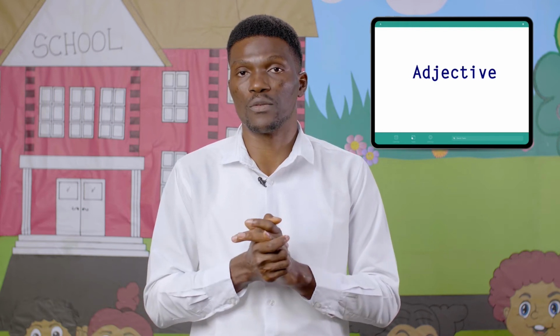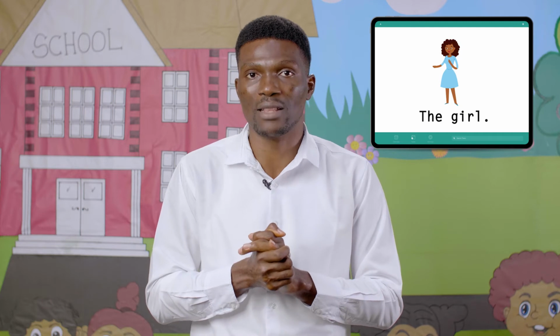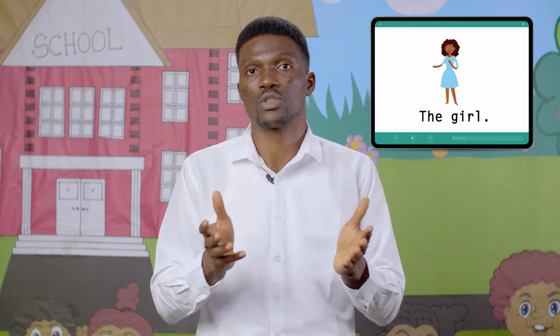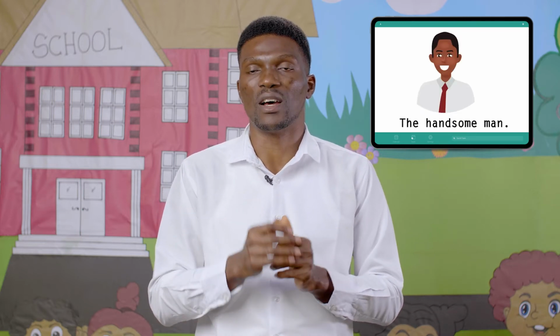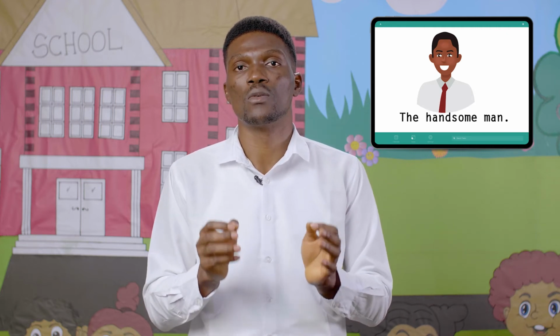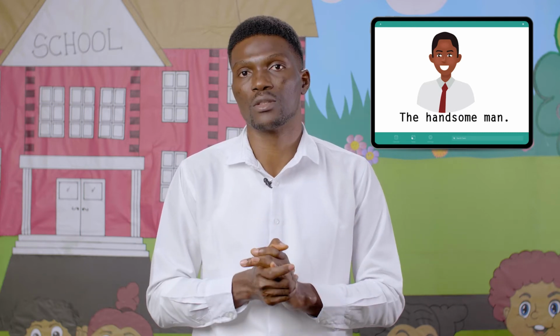So the first noun phrase I gave you was the girl or the man. How do we expand it from the girl or the man to something more complex? So we can have the beautiful girl or the handsome man. These are two very simple examples of an expanded noun phrase.